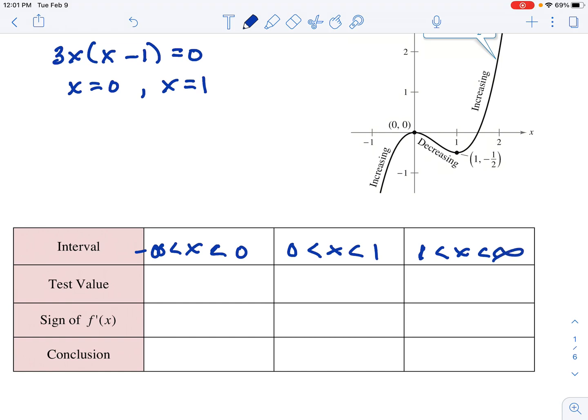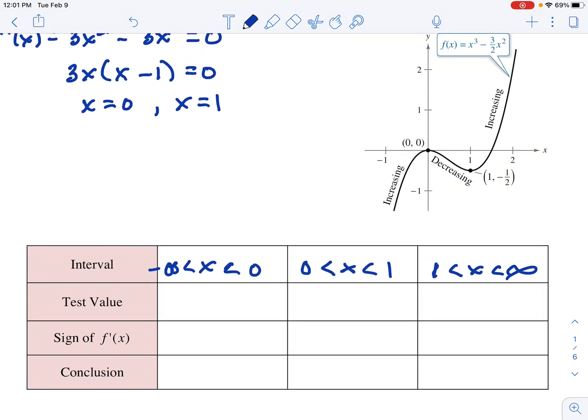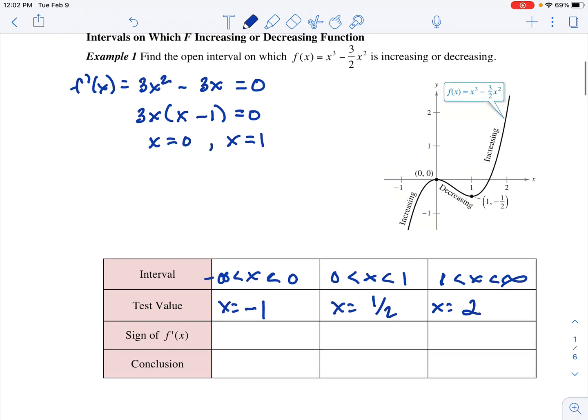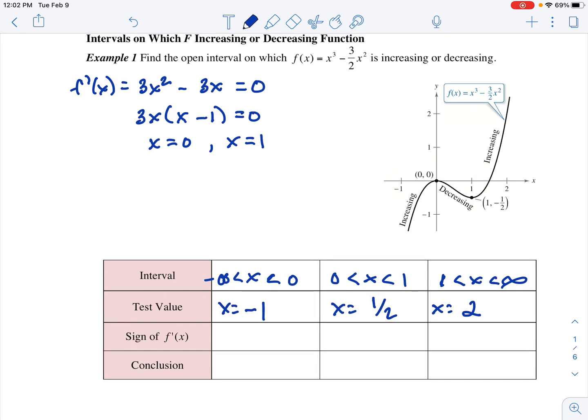Very good. What could we use as our test value here? Negative 1 would be the best one to use here, and here. So we plugged in negative 1 here. This right here will get a positive 3. This one will be a negative 3. But we have this, so what would we have?